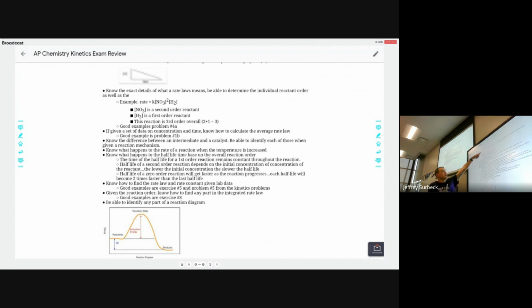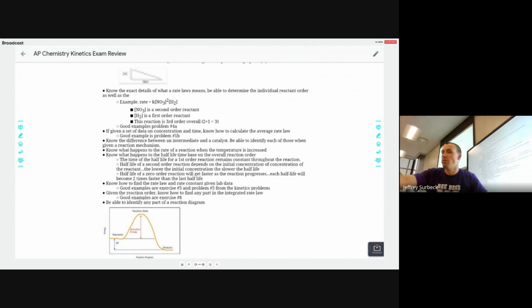And I could have something like this and say, tell me what the reactant order of NO3 is, and you'd say it's second because of the 2. Overall, remember you add your exponents. So if this was the rate law, you would add the 2 plus 1 from our rate law to give an overall reaction order of 3. Good example, 4A on our problems.